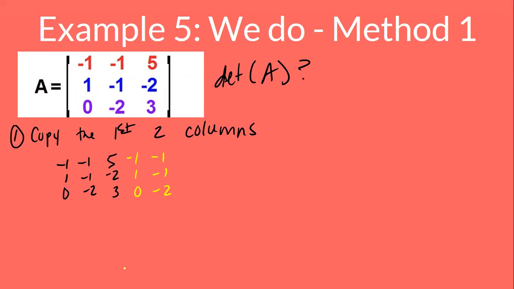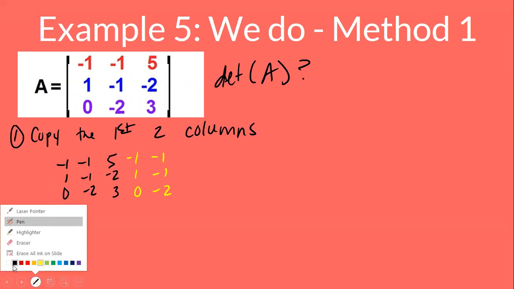All right. So to find the determinant, we are going to multiply on the diagonals in this method.